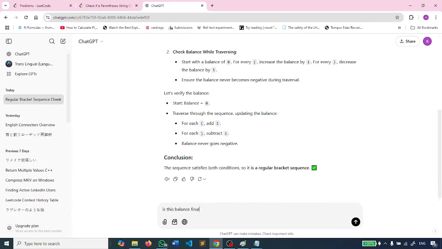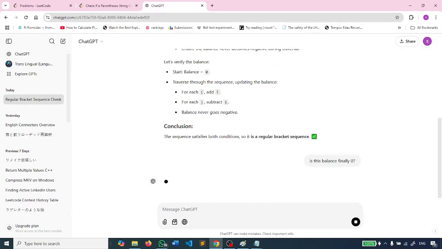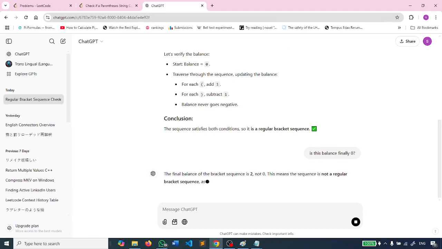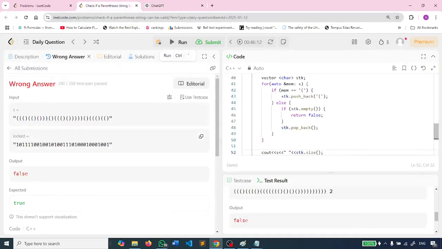Balance finally zero. What the heck? How? Expected true and... this makes no sense.